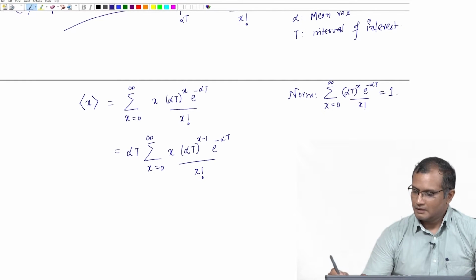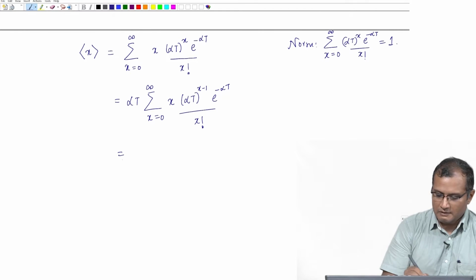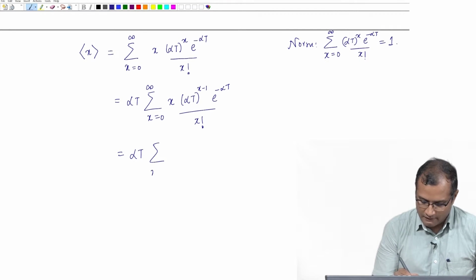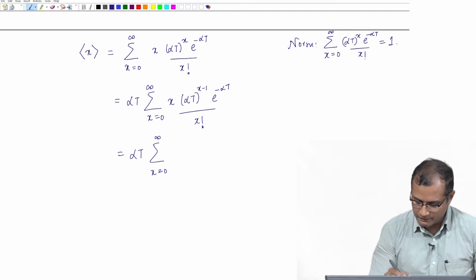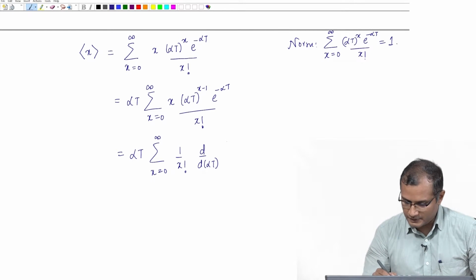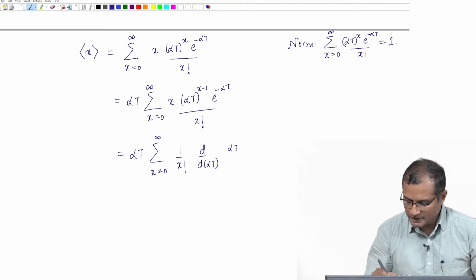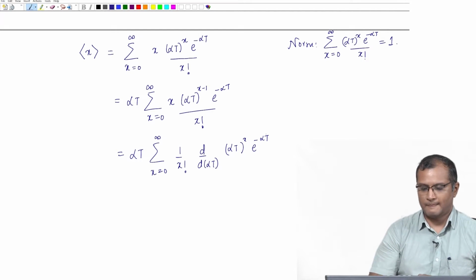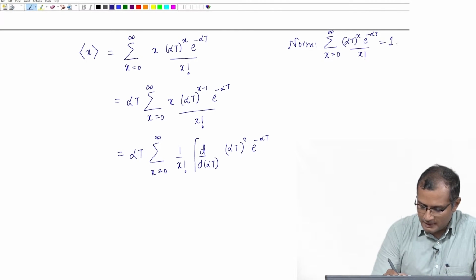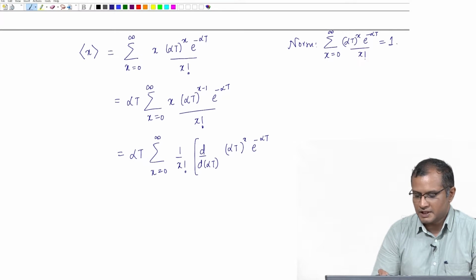Okay. Now, this is nothing but, I can write it as a derivative, okay, 1 upon x factorial into derivative with respect to alpha t of alpha t to the power x into e raised to minus alpha t. But I need to subtract something, because this is a derivative of product.